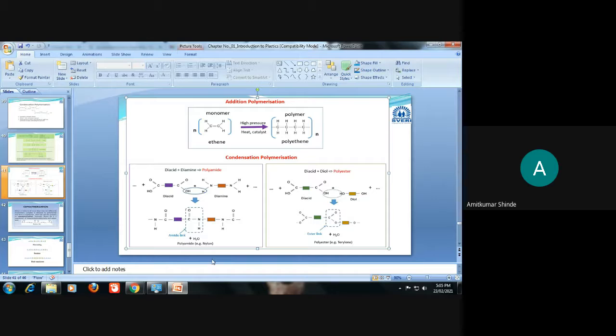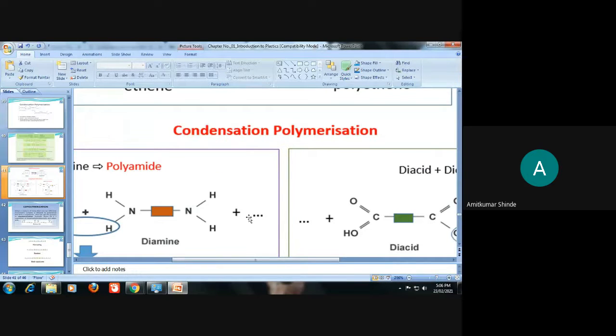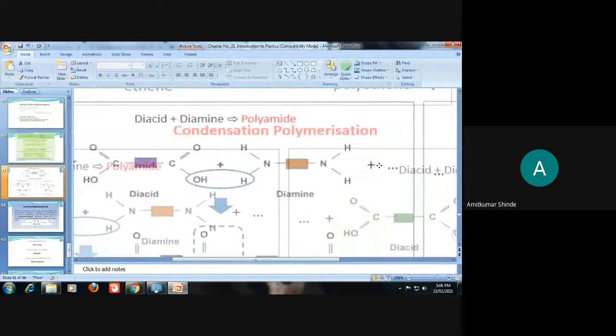Okay, now I will move towards condensation polymerization. With the example, I will try to elaborate it. Now I will zoom it again so that this reaction will be visible to you.